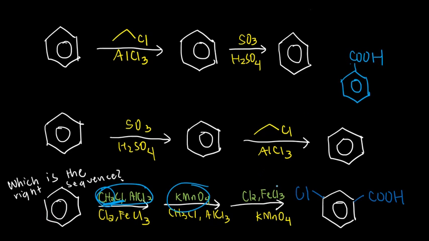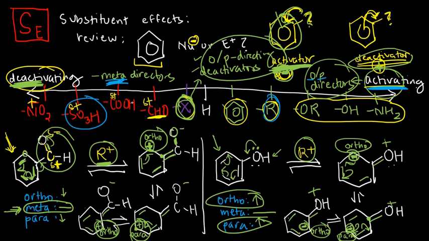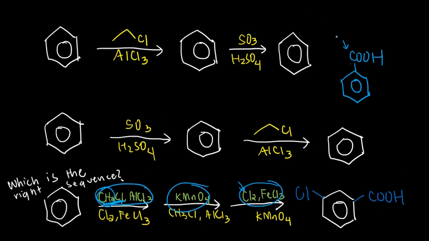And then I add this one. This is chlorination, meaning all I need to add is a chlorine atom. But where? Well, you gotta ask, is this an activator or deactivator? And of course, COOH is listed under our deactivators. So meaning this is gonna be a meta director.